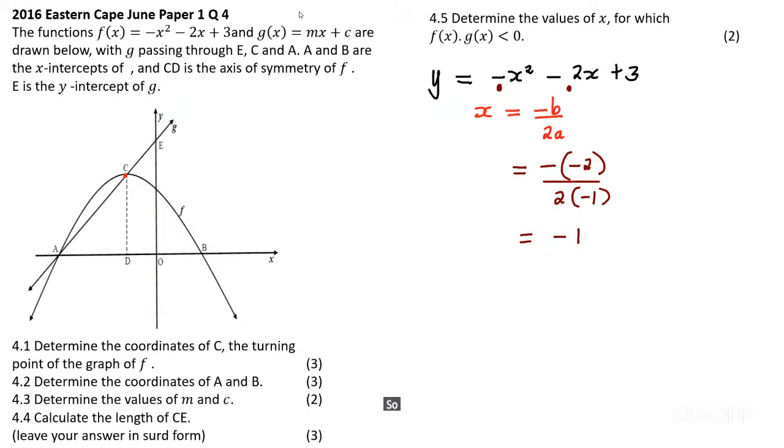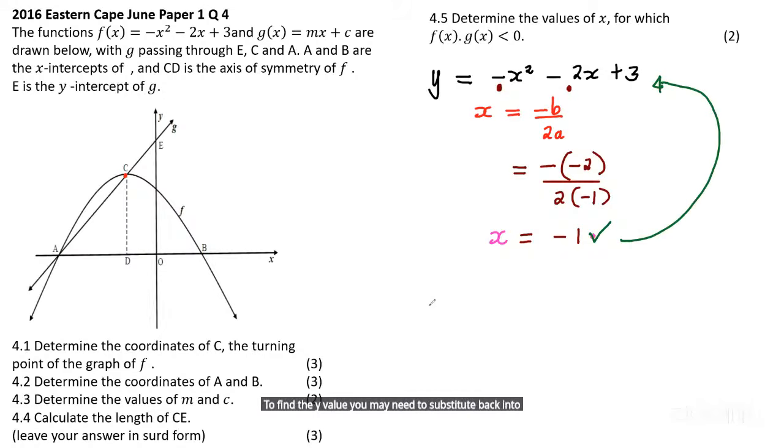So I found the x value of the turning point as negative 1. In other words, when x is equal to negative 1, it's okay to say it's the x value of the turning point, but also it's correct to say it is the equation of the axis of symmetry. Those two hold true. To find the y value, you may need to substitute back into the original equation. So what is y when x is negative 1?